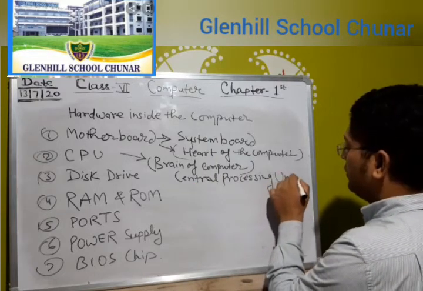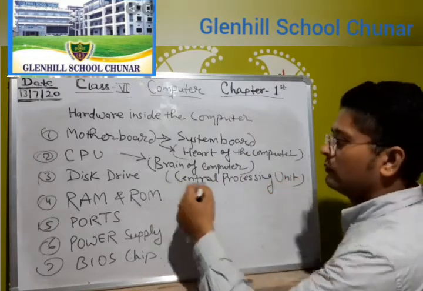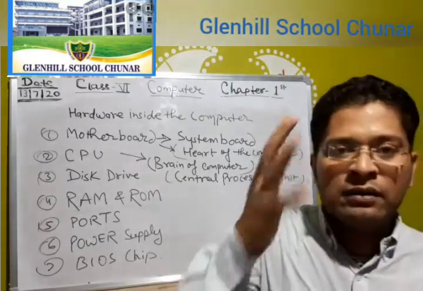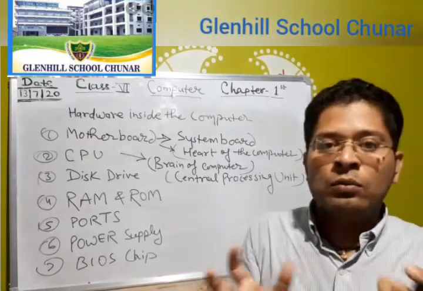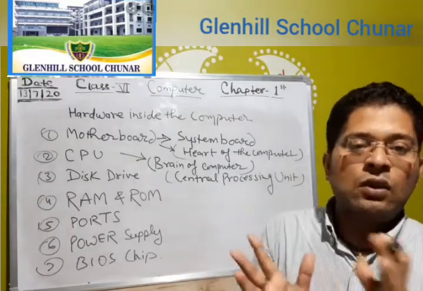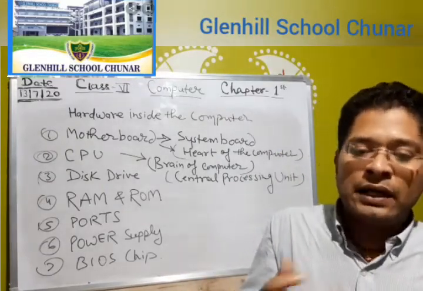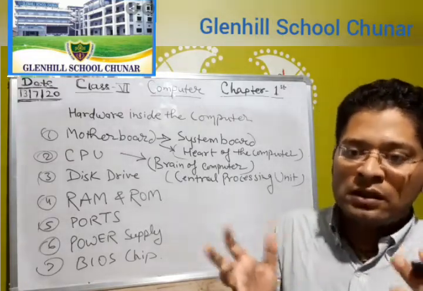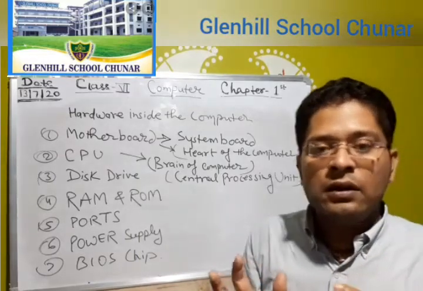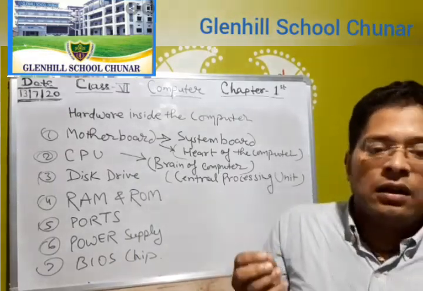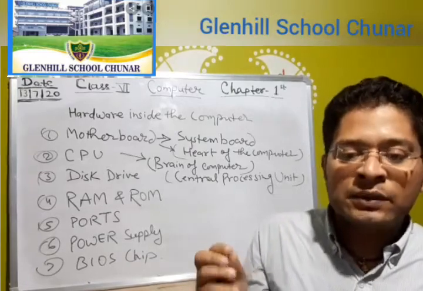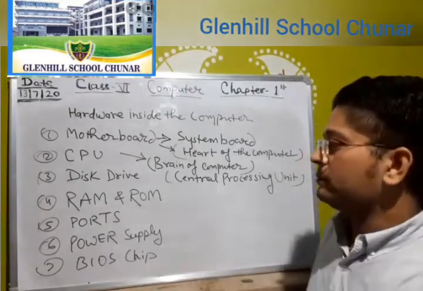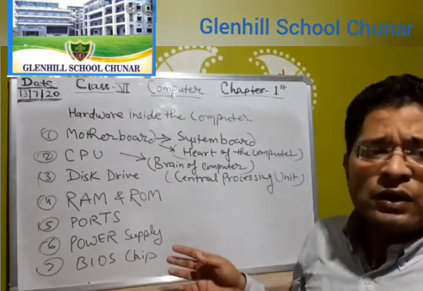It is like the brain, and it controls most of a computer's operations and tells other parts what to do. On a personal computer, all functions of the processor usually are on a single chip called a microprocessor.